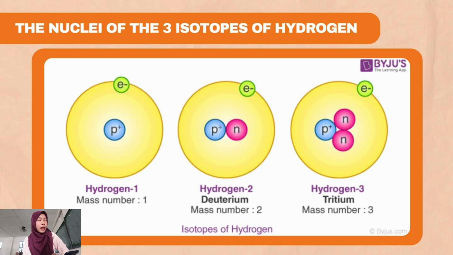It has 1 proton. The deuterium and the tritium are all hydrogen, but the difference here is the neutrons. The hydrogen has no neutron and the deuterium has 1 neutron, while the tritium has 2 neutrons. The stable one here is the hydrogen, while the unstable one is the tritium.